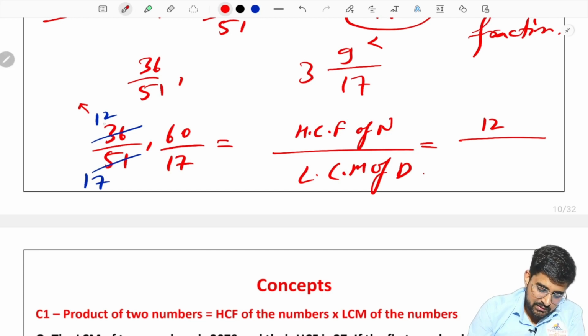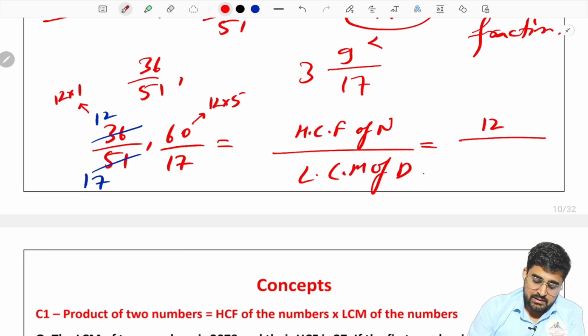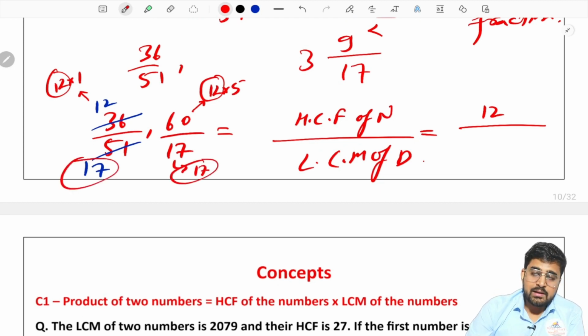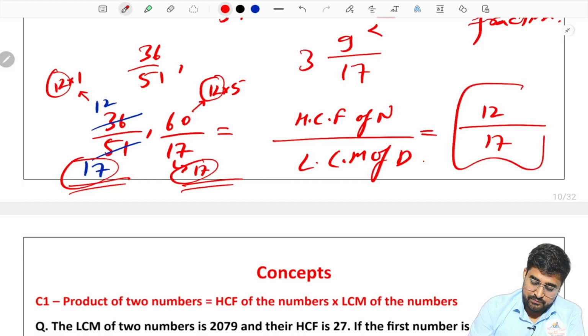See, there is 12 and 60. 12 into 1 is 12, but 12 into 5 is 60, and the highest common factor of both of them is 12 only. So I write it down here, and here is 17. Both are the same, so the LCM will be 17 only. This will be your answer.